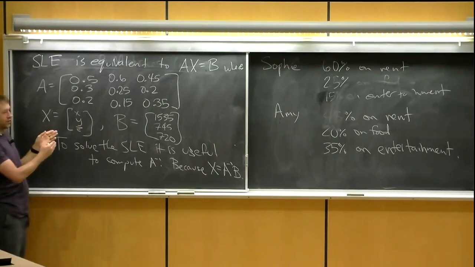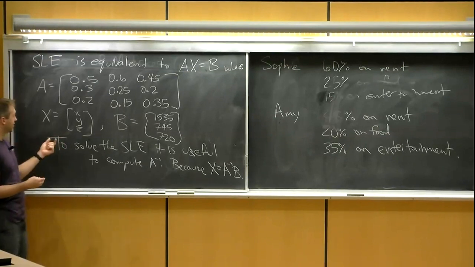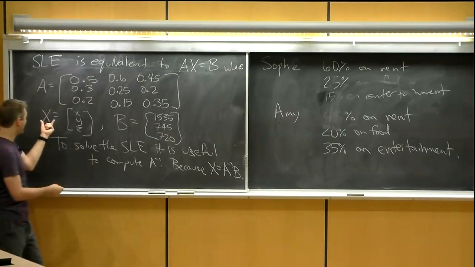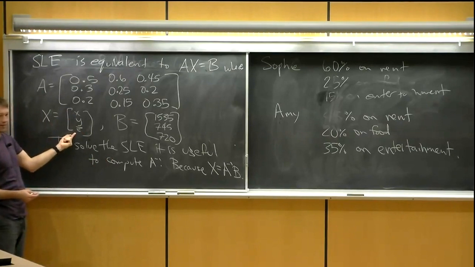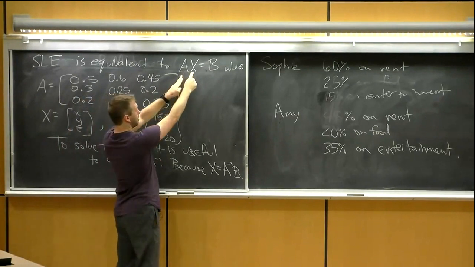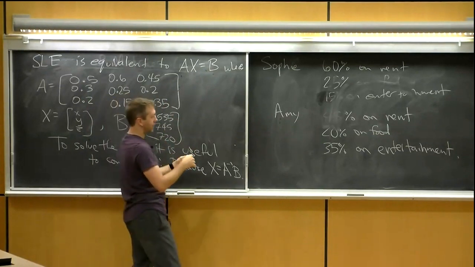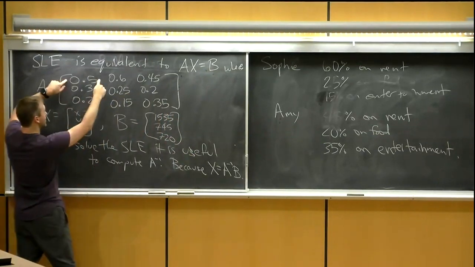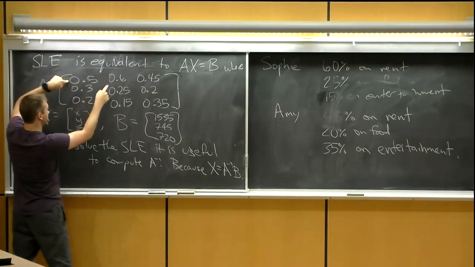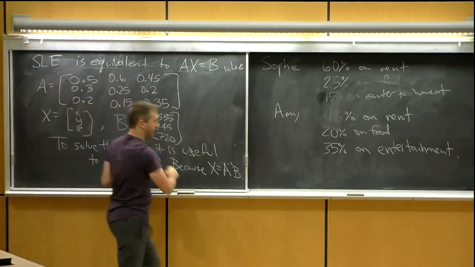All we're trying to do is rewrite our system of linear equations in a different way using matrices. What I claim is that if X is the three variables like this, A is like this and B is like this, and you did the matrix multiplication, you'll take this top row times this column, that'll give 0.5 times X, 0.6 times Y, 0.45 times Z equals 135.